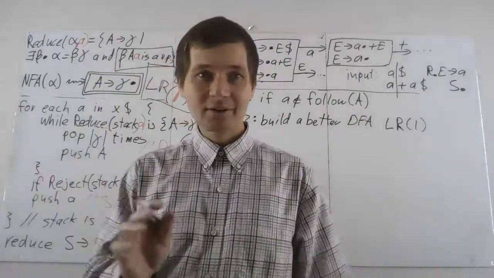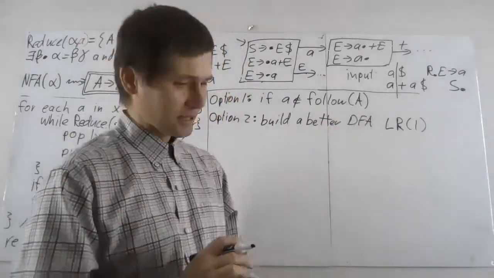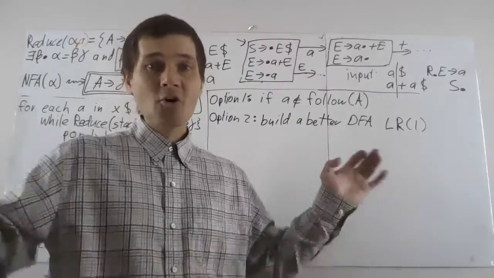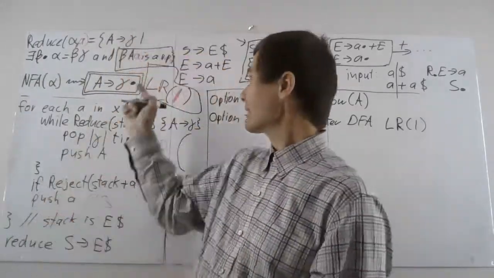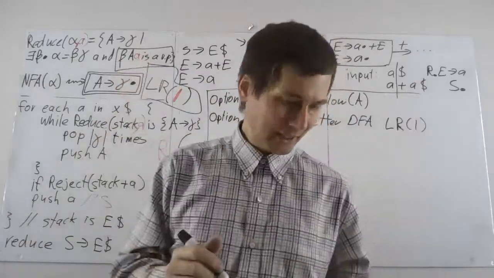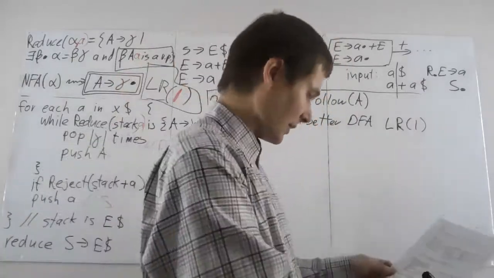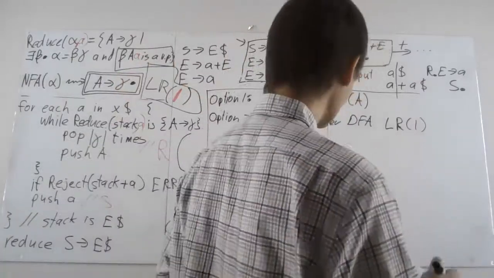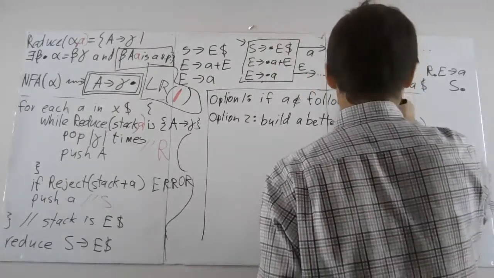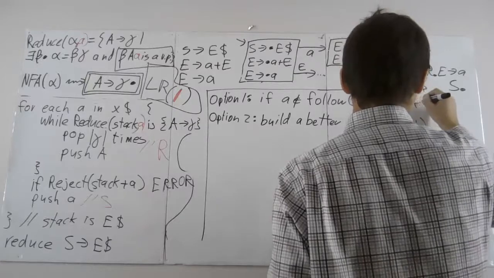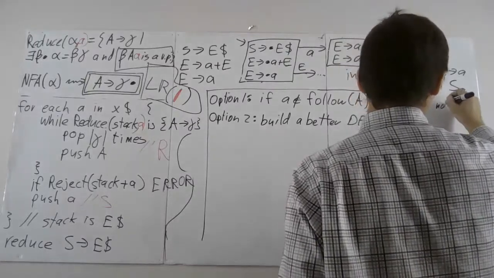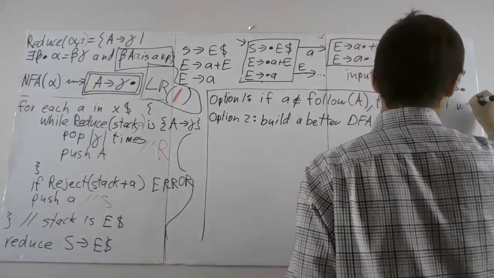No. So if a is not in the follow set of A, then no viable prefix can ever have big A, little a in it, and therefore beta A a is not a viable prefix.